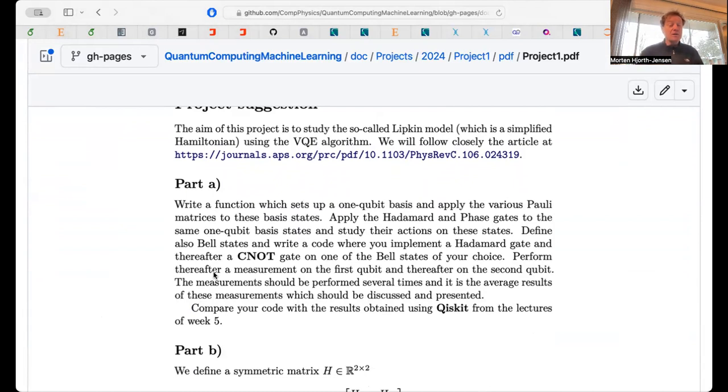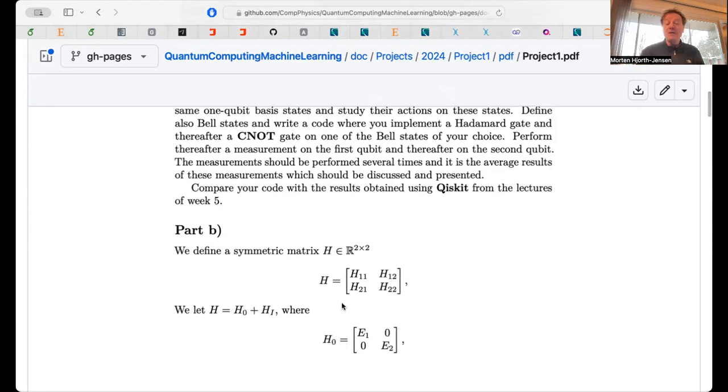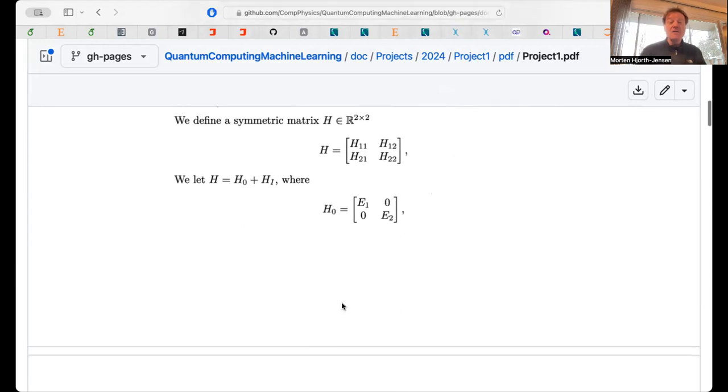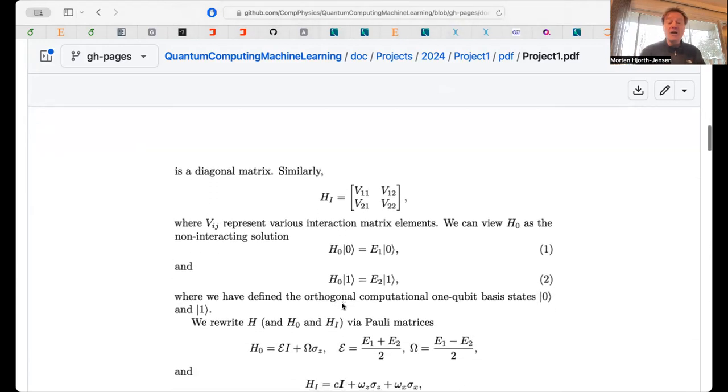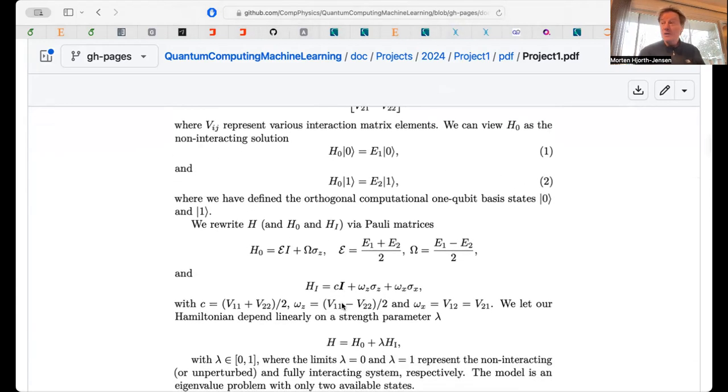Then when you're done with setting up the basic states and comparing with Qiskit, which is a very useful thing to do, we are going to look at the two Hamiltonians which we have been discussing in the lectures. These are Hamiltonians which we will rewrite in terms of Pauli Z and Pauli X matrices.